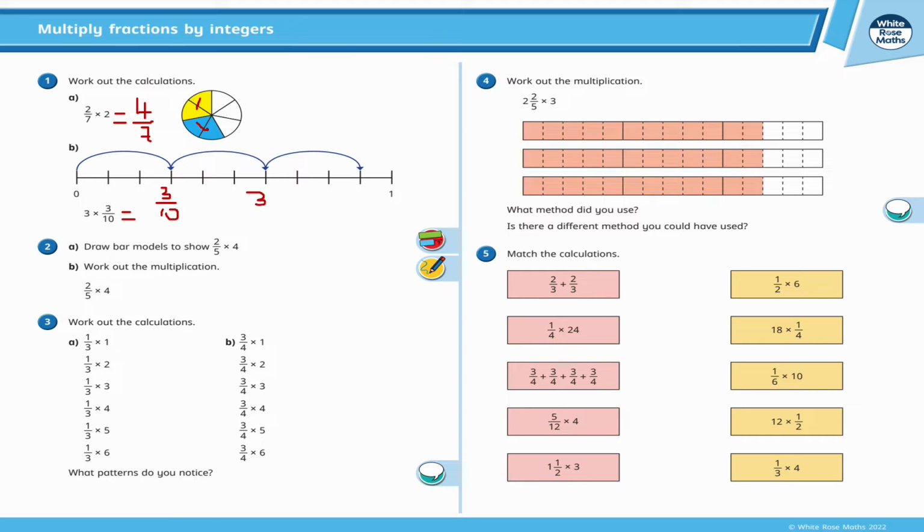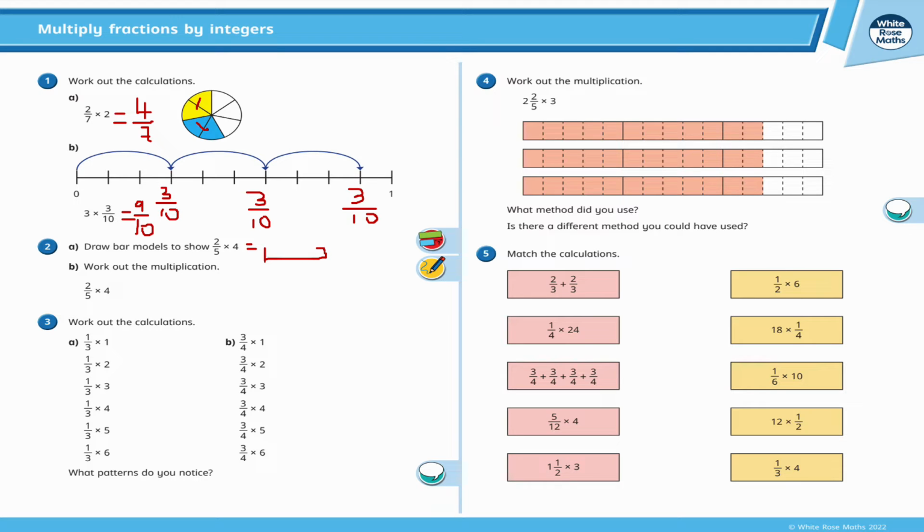That's 3/10, and that's 3/10. 3 lots of 3/10 is 3/10 plus 3/10 plus 3/10, or alternatively 3 times 3, which is 9. So the answer is just 9/10. You multiply the numerator by the whole number and you keep the denominator fixed, so you keep that the same. Okay, so 2A, draw a bar model to show 2/5 times 4.